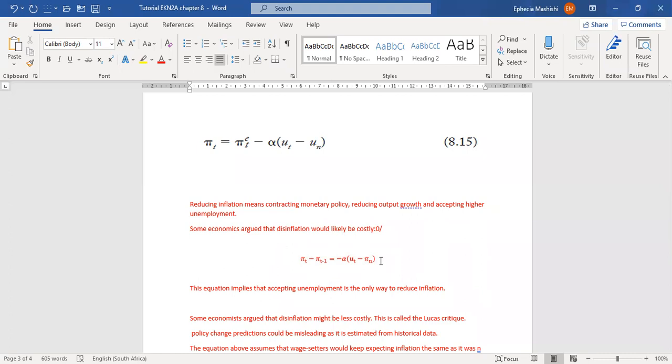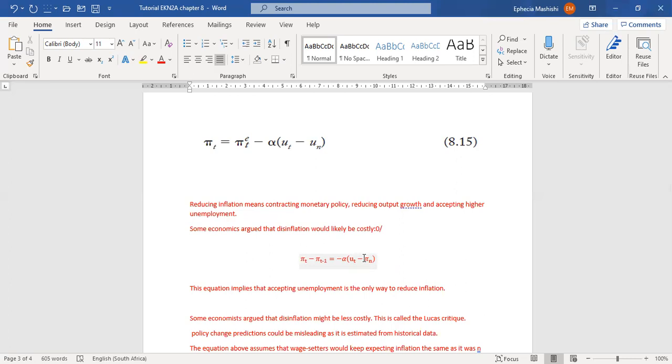But some economists argued that disinflation might be less costly, and this is called the Lucas critique. Policy change predictions could be misleading as they are estimated from historical data. And this equation assumes that wage setters would keep expecting inflation to remain the same as it was in the past, okay?